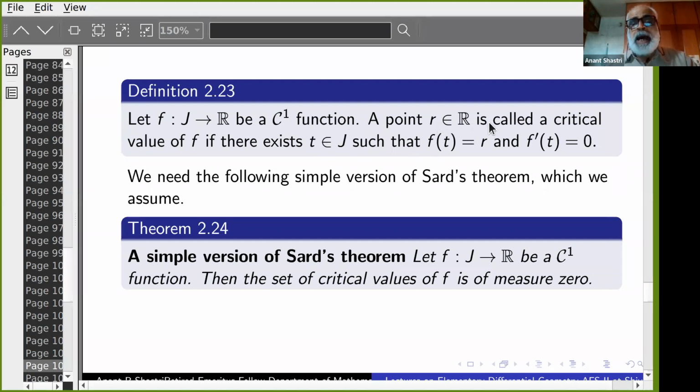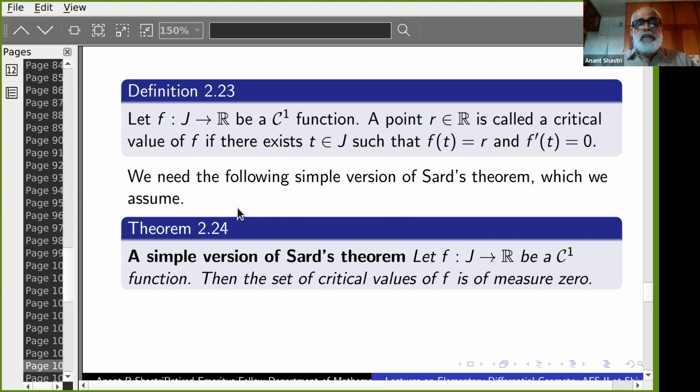A point r in R is called a critical value of f if there exists t belonging to J such that f(t) is equal to r, and the derivative of f at the point t is 0. Such points t are called critical points. The images are called critical values. So r is f(t).